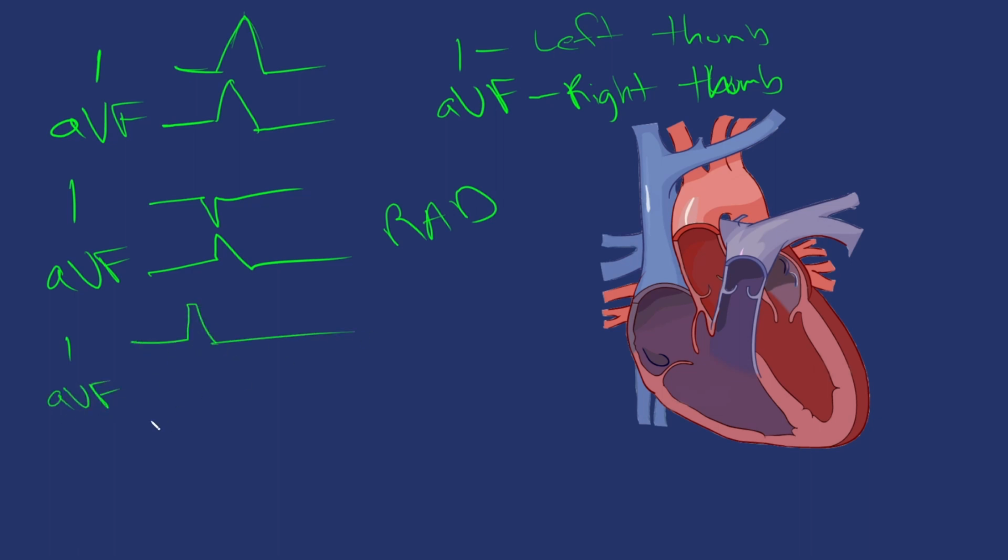So let's say 1 is up this time, AVF is down. In this case, our left thumb is going to be up, the right thumb is pointed down. We have left axis deviation. And then finally, they're both down. We're having a very bad day. It's a no-go. Both thumbs down. Bad. Extreme axis deviation.